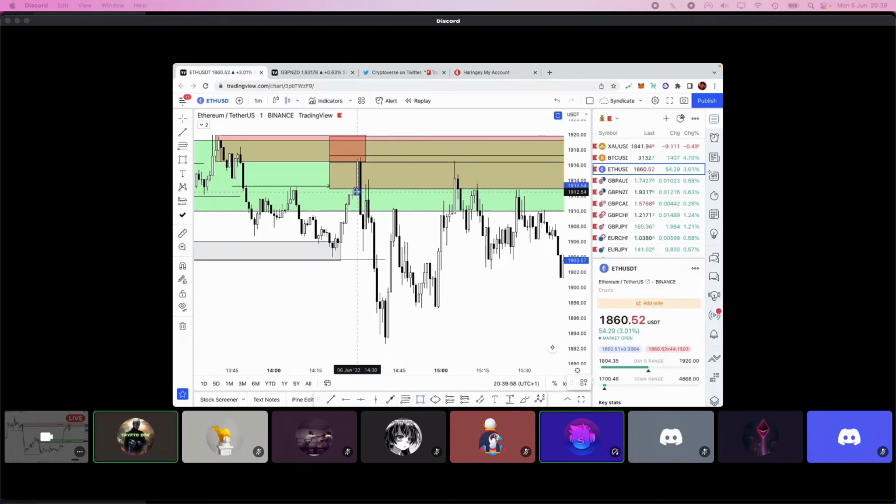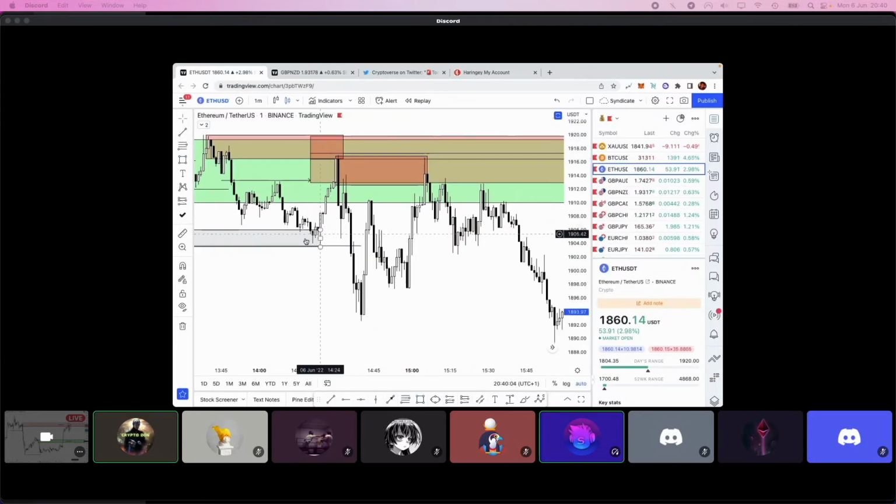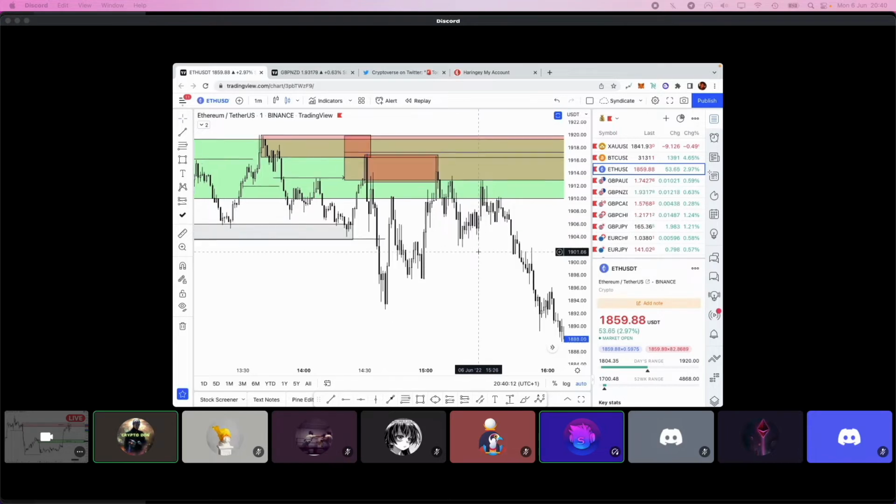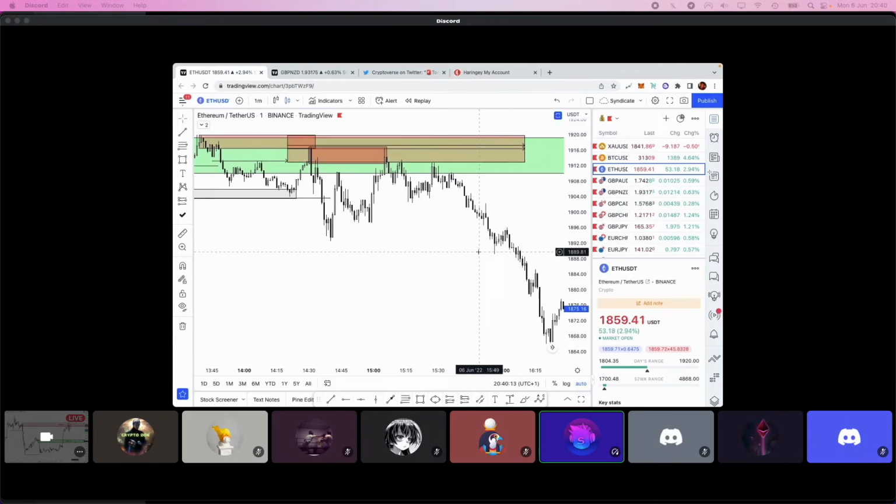So when you see that play out, in some situations it's a lot cleaner. Like on Bitcoin, the move was a lot cleaner. It was just a 618 retracement, whereas in here there was a lot more going on before it actually made this move down.